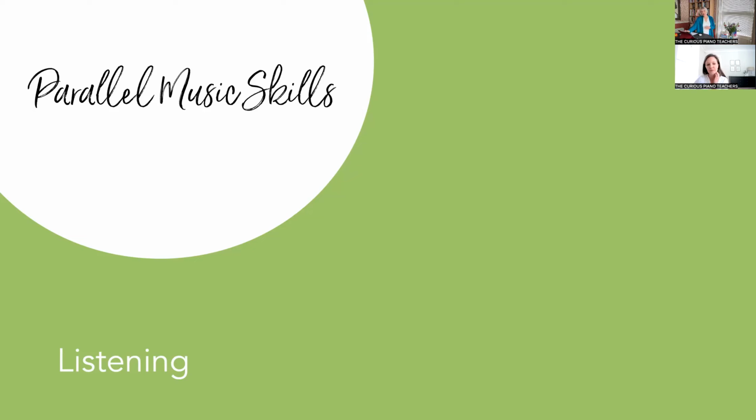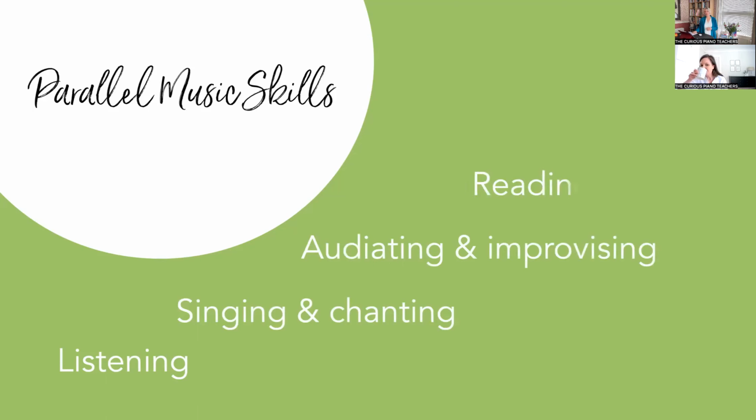So with our early piano learners, we go through these stages, really. We should be going through listening, on to singing and chanting, and then audiating and improvising, reading, then writing. Audiating is a word that Gordon uses, and it means to make sense of the music internally in your head.